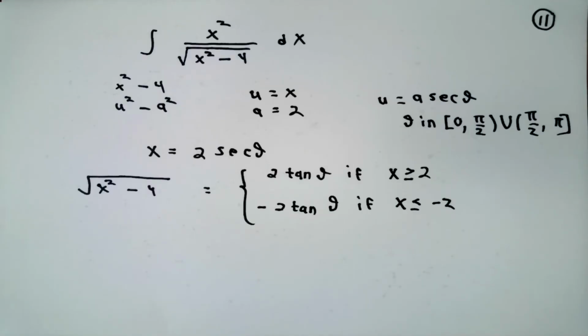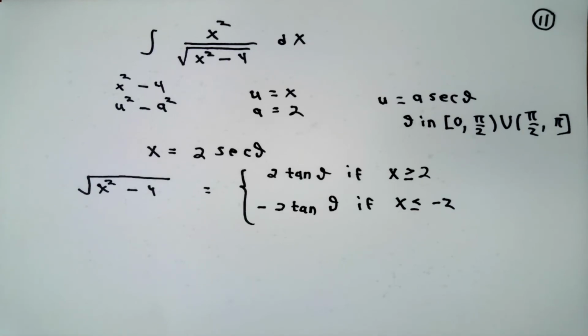As an example of this kind of thing, let's look at the integral of x squared over radical x squared minus 4 with respect to x. We're looking for patterns here, most recently u squared minus a squared. If I identify the u as x and a as 2, the quantity underneath the radical sign is of that type.